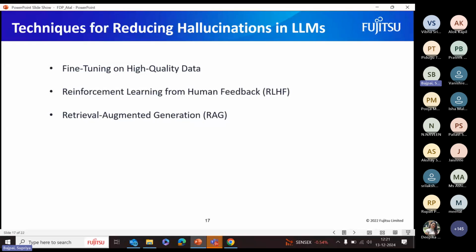Now, how can we reduce hallucinations in the LLM? These models tell incorrect or made up stories or false information. These are the hallucinations, as we already saw. First is better training data.